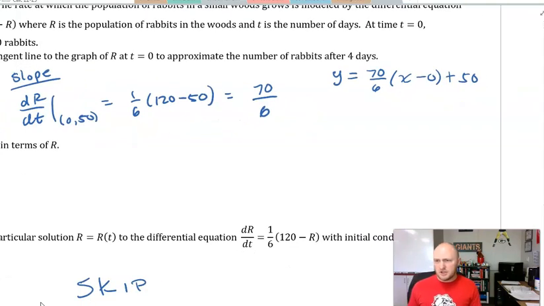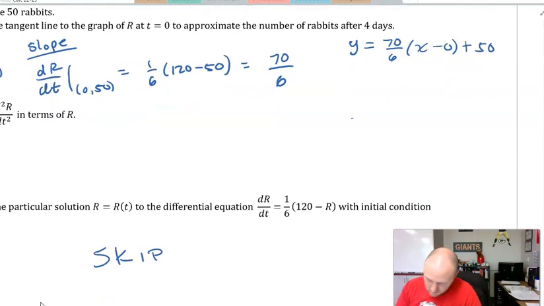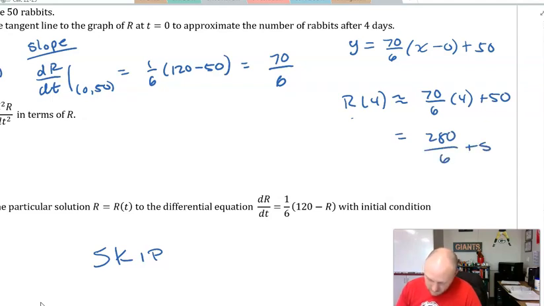So there's your equation, and if we're going to approximate 4, r of 4 is approximately 70 over 6 times 4 plus 50, which gives us 280 over 6 plus 50. Okay, so I would go ahead and leave that. That's not a nice clean number. What do we get?